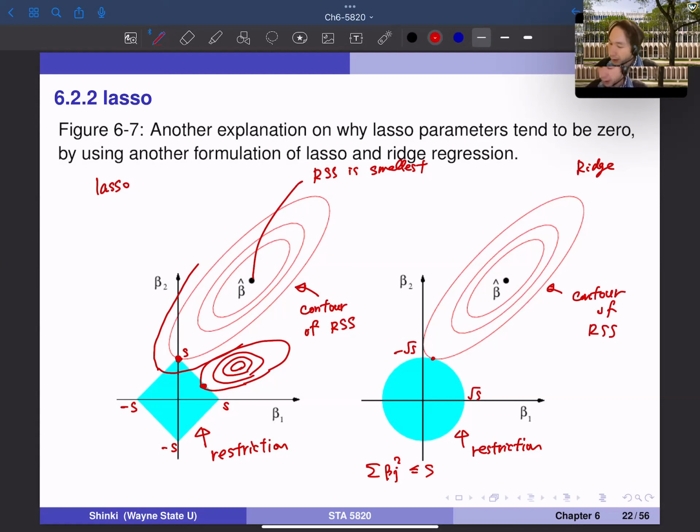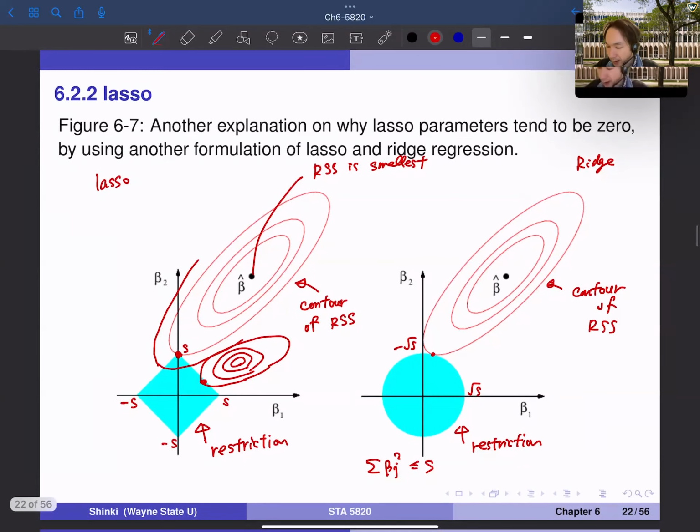In the left-hand side, many of the times, this optimal solution has many zeros. I cannot really prove it, but you can imagine that in many of these contour plots, the intersection of the smallest contour and the square is just on the vertex.